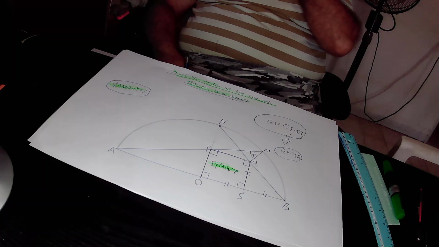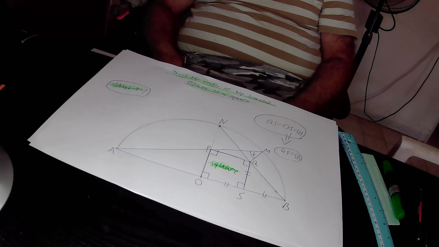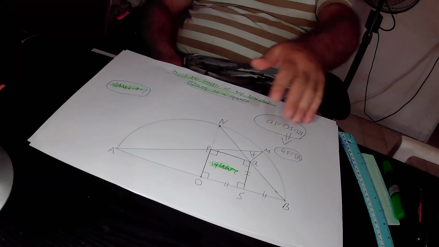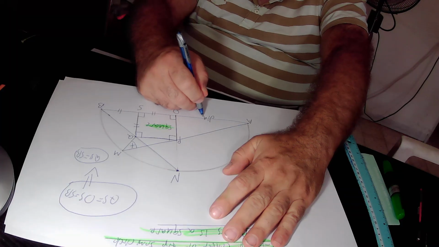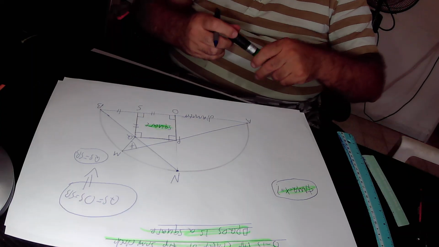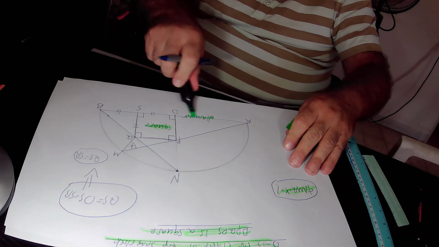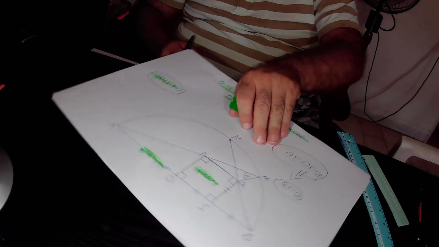AB is the diameter of this semicircle. So write it down. AB is the diameter of the semicircle. It is absolutely a straight line.